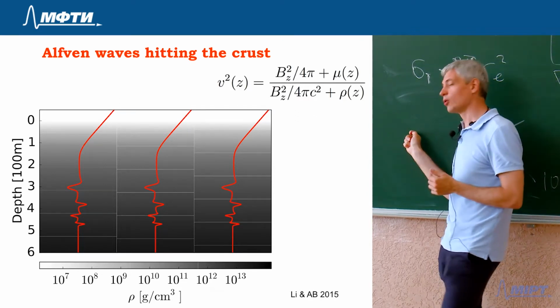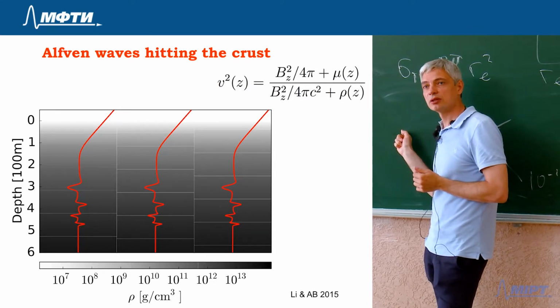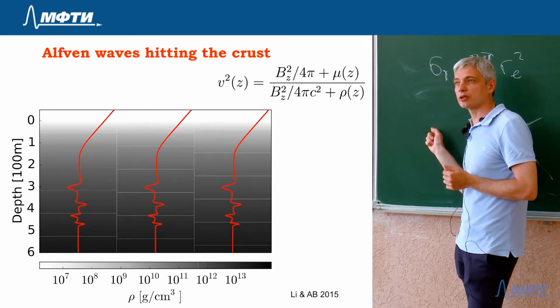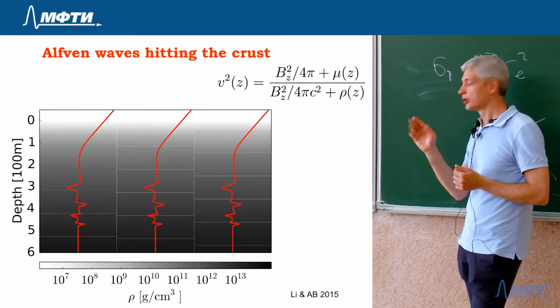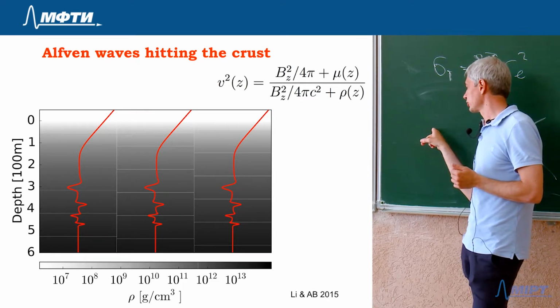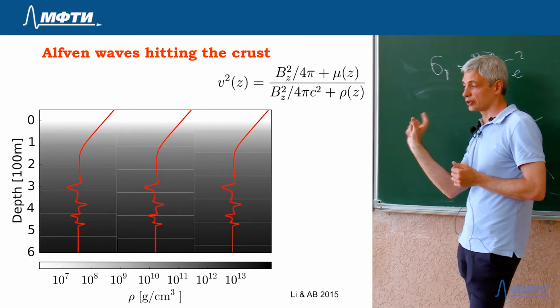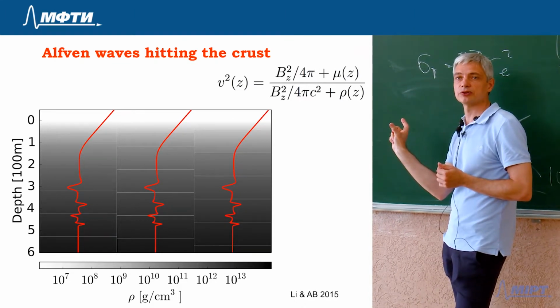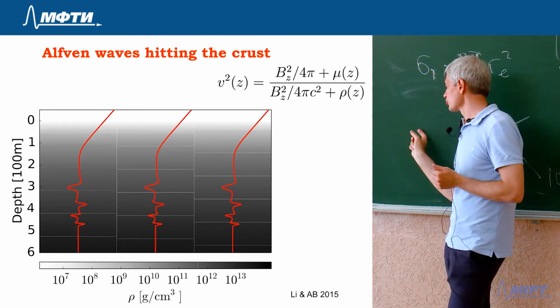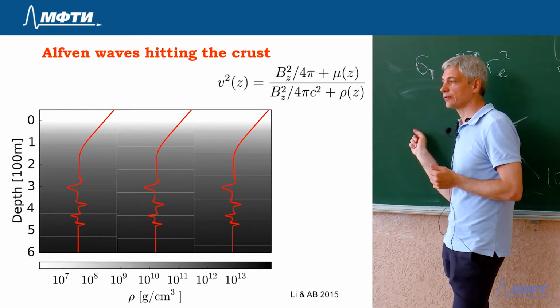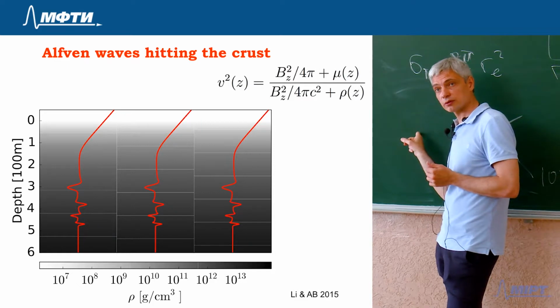Now imagine that the wall is not quite rigid. Of course, in reality, the crust has a density gradient. So when the wave comes into denser and denser material, it goes through a certain gradient scale, typically 100 meters for the crust. And it turns out that it gives the opportunity for the wave to tunnel through into the crustal material.